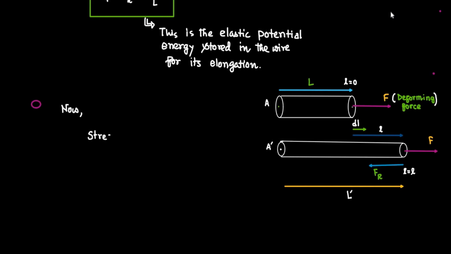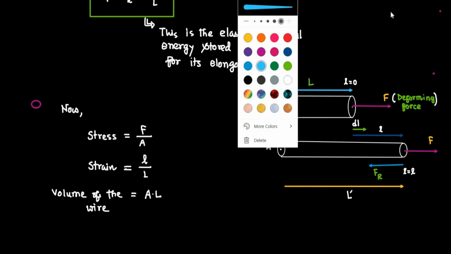Now stress, that is the normal stress, is equal to deforming force by area of cross section. Stress equals F by A, where A is the initial area of cross section, and longitudinal strain equals small l by capital L, and volume of the wire is A dot L. In this case, volume of the wire remains constant.